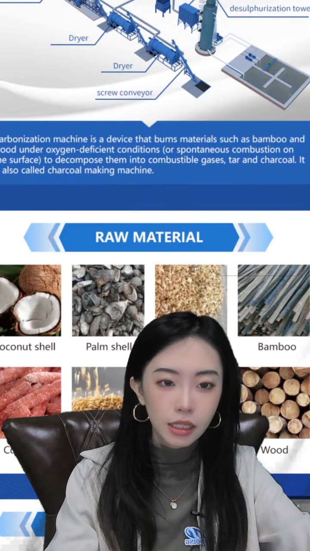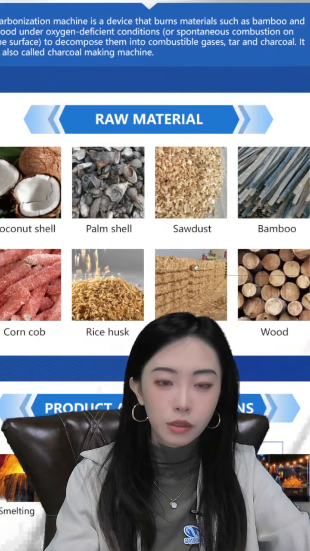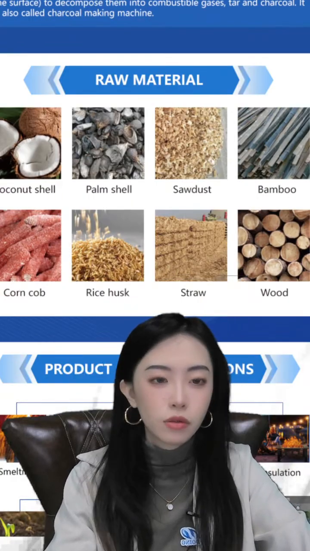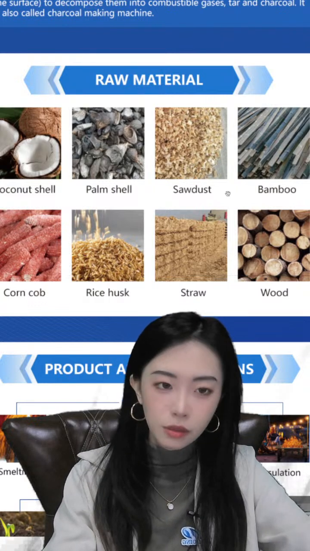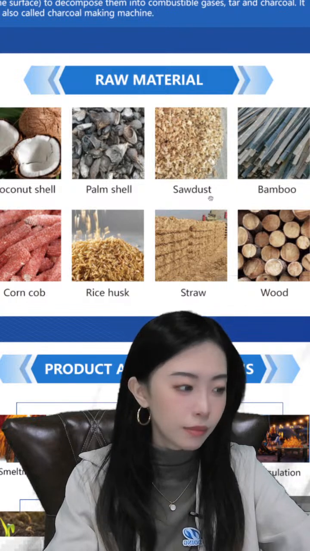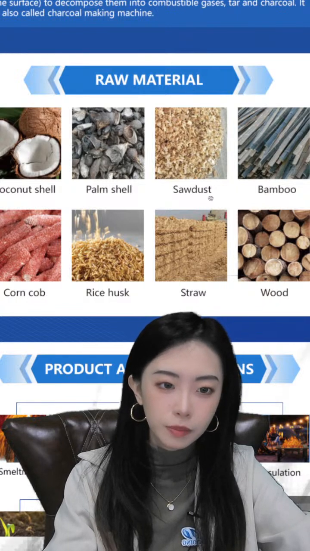And here are the raw materials of our equipment. They are all biomass, like coconut shell, palm shell, sawdust, bamboo, corn cob, rice husk, straw, or wood.